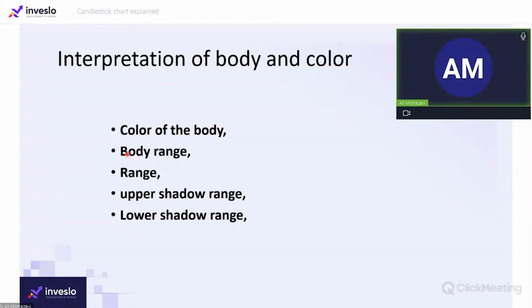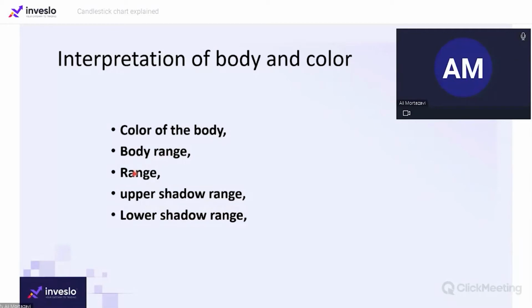And then we need to take a look at the body range. The body range shows the volatility in the market. We will discuss it in more detail later. And then the sentiment: the body range displays the sentiment of each session.